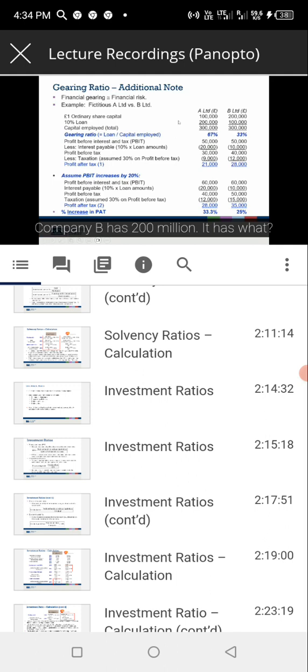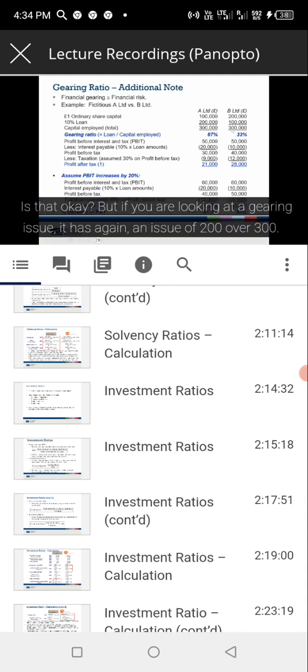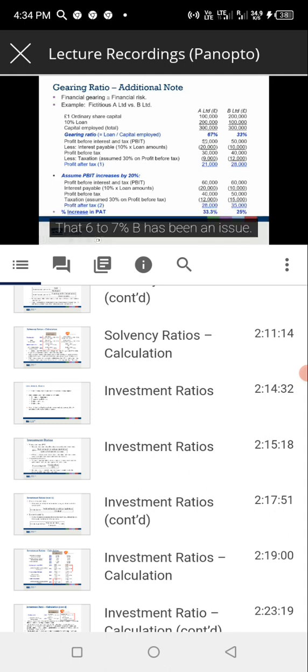A has loan capital of 200, while B has loan capital of 100. They both have total capital of 300 million. Is that okay? But if you are looking at the gearing ratio, A has a gearing ratio of 200 over 300. That's 67%. B has gearing ratio of 100 over 300.